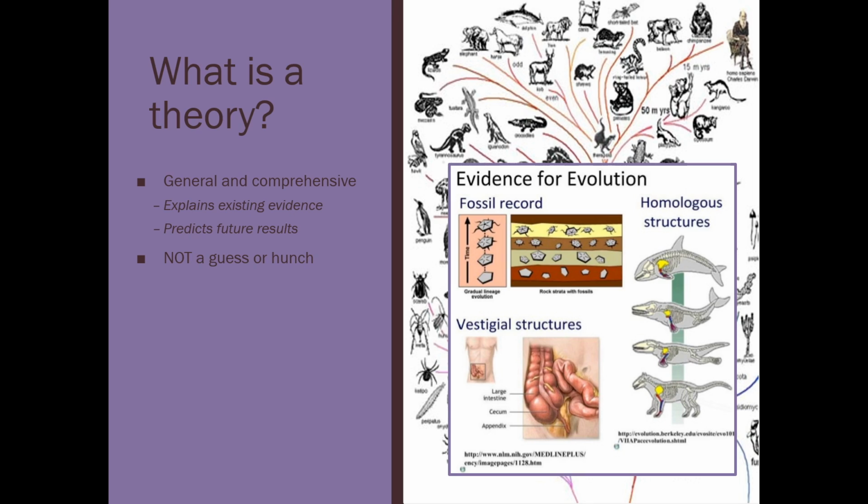So if the theory of evolution is correct, that the environmental pressures on us is what has shaped our bodies, we should be able to make a prediction that under certain circumstances, our bodies might change in response to those circumstances. And someday in 1,000 years, we might be able to look back and see whether the prediction was right or not, right? So it's not a guess. It's not just a hunch. It's an attempt to explain the data and the evidence that it has accumulated so far.